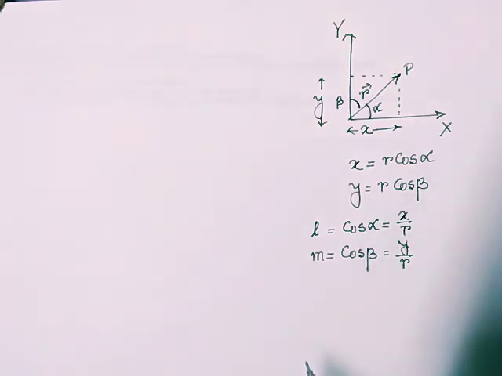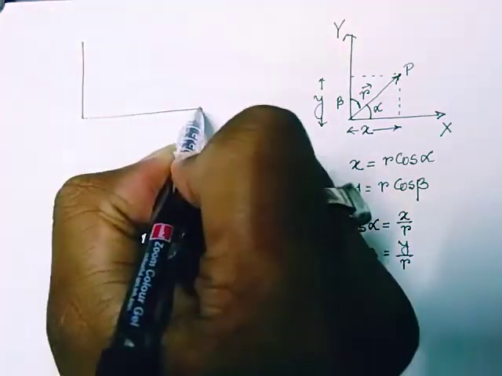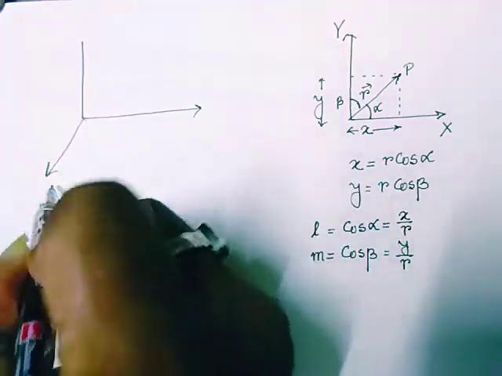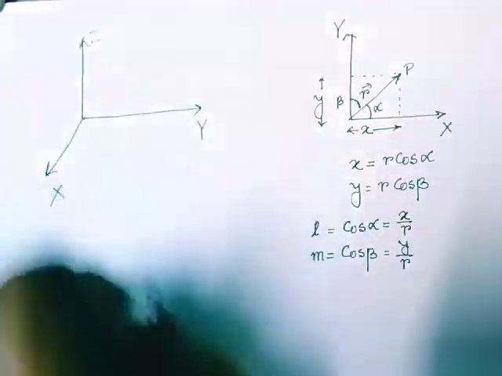And if I consider a three-dimensional vector, just like this is the x-axis, this is the y-axis, and this is the z-axis.